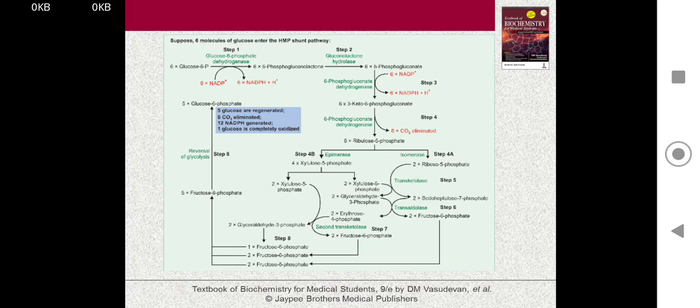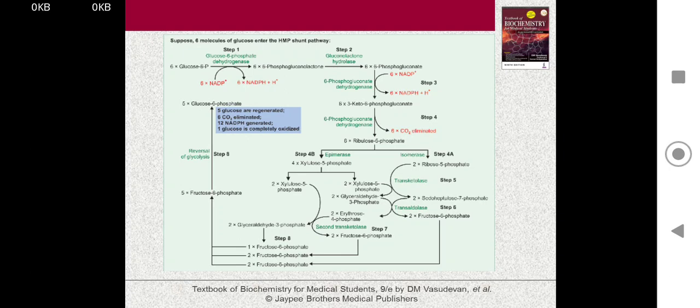From the other 5 carbon unit, 2 carbons go, leaving 3 carbons, and glyceraldehyde 3-phosphate is generated. Now the sedoheptulose combines with glyceraldehyde 3-phosphate with the help of the enzyme transaldolase to form fructose 6-phosphate.